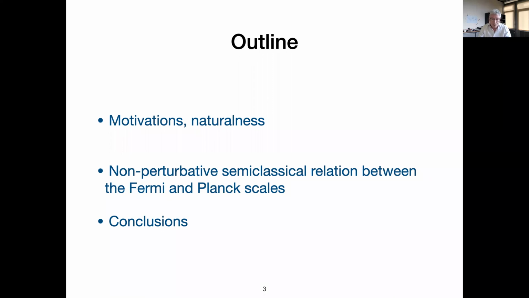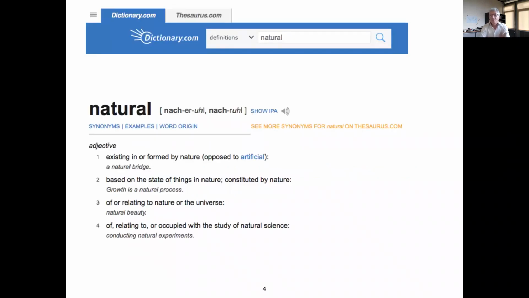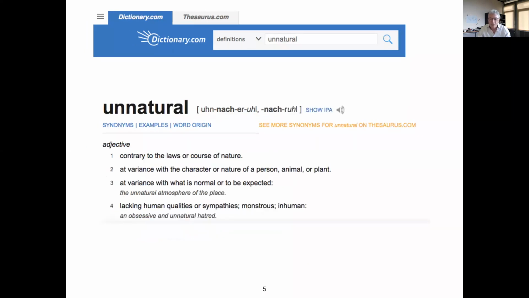So the first question is naturalness. If you want to know what naturalness is, the easiest way is to type this word in Google. And of course, Google will tell you what this is. There are different definitions. One of them is that something natural is what is formed or existing in nature, related to nature or the universe, etc. If you want to know what unnatural is, you do the same thing.